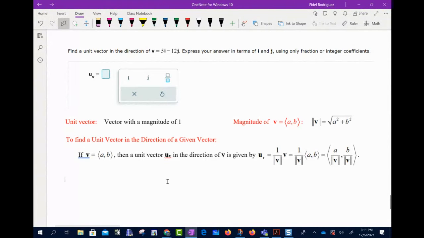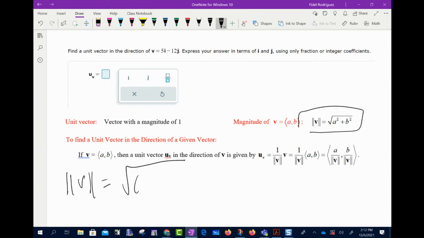Here we go. Okay, so first thing we're going to do, we're going to find the magnitude of the vector, in this case, v. Let's find the magnitude of the vector v. So it says we're going to take the square root of a squared plus b squared.